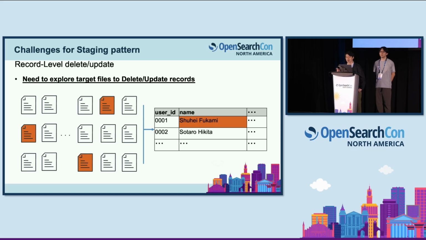So this is not an easy task because files transferred from the source are stored in staging, and it's very difficult to narrow down which specific files contain the target records. And also, if you want to narrow down the target files, you need to have a mechanism to manage the location of records, and such mechanisms tend to be hard.